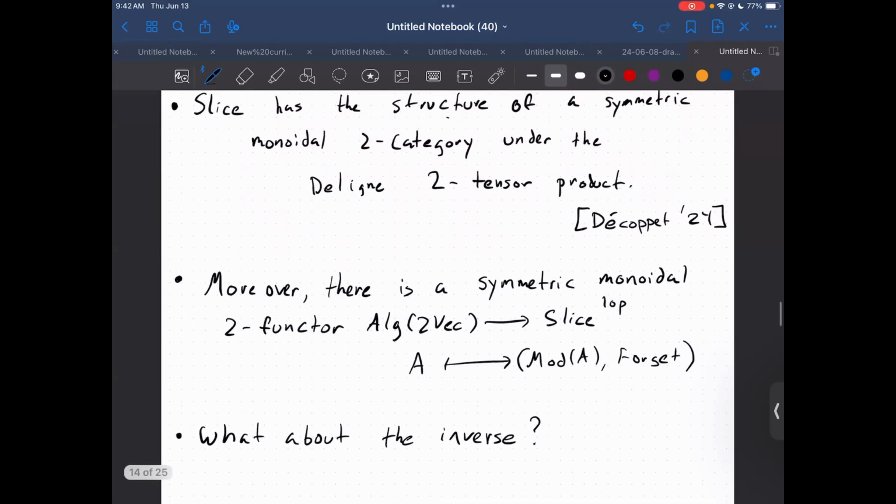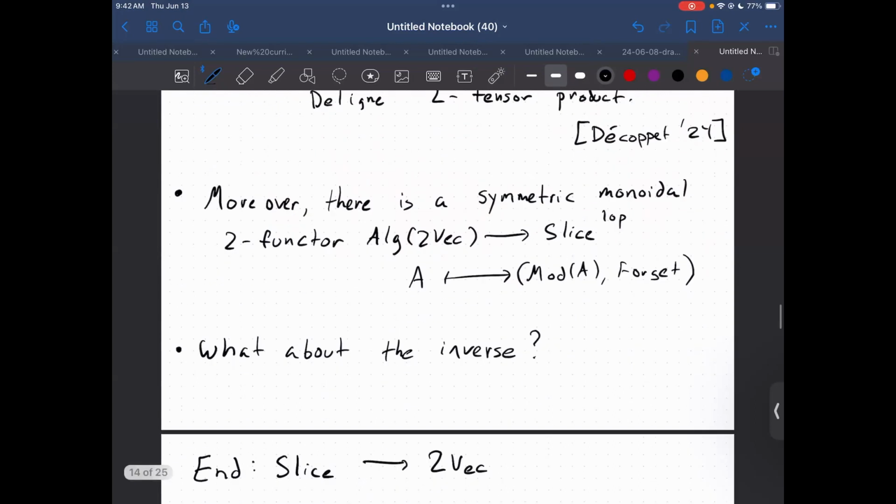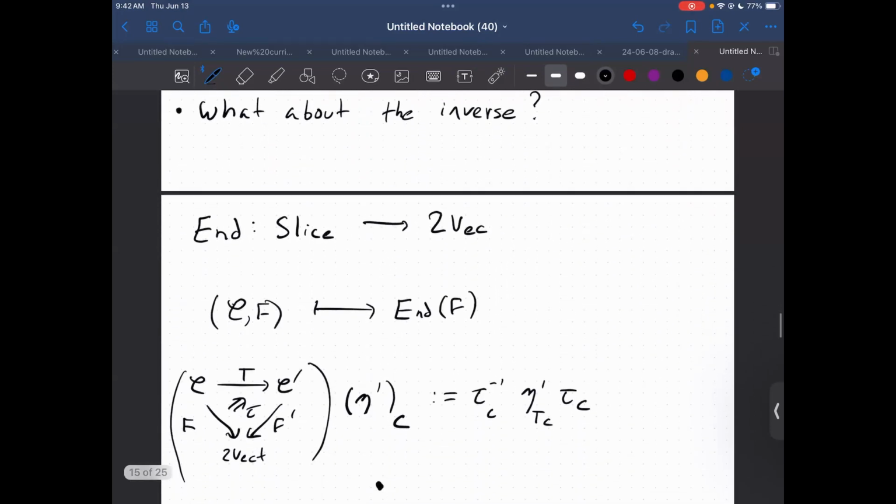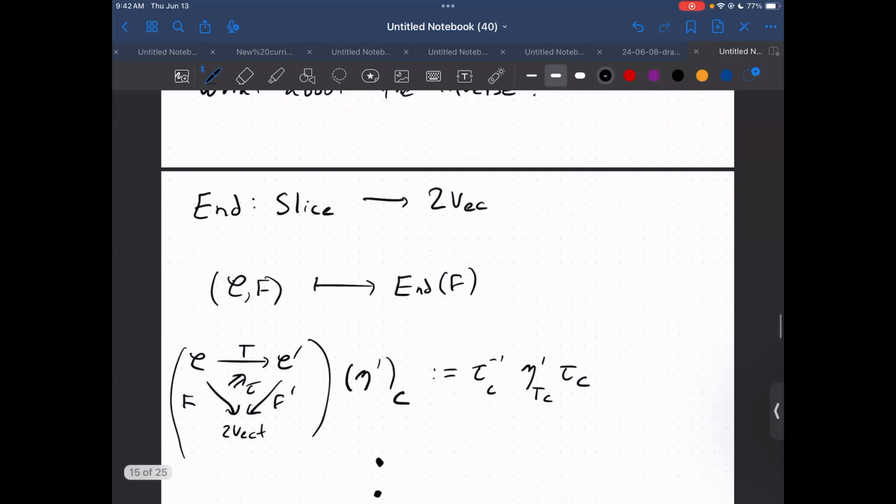Okay, and we want to convert this into a symmetric monoidal functor. The good news is that that's actually not that hard to do. So here I've just showed you what happens at the first 2 levels, and what happens on 2 morphisms is not that important. But I'm claiming that if I take a 2 category and its forgetful functor, I can send it to the endomorphisms of that functor, and this will invert.